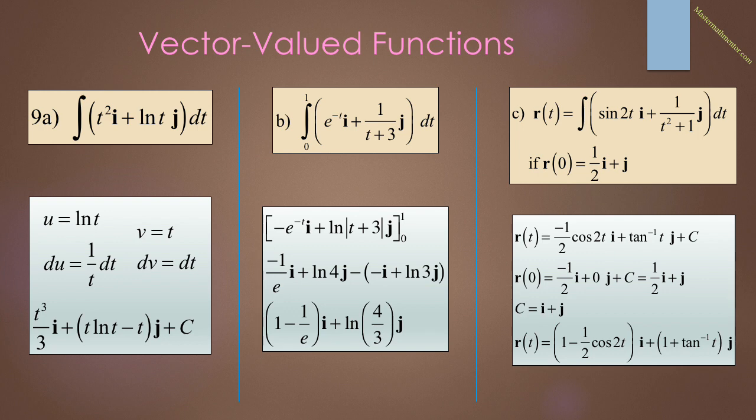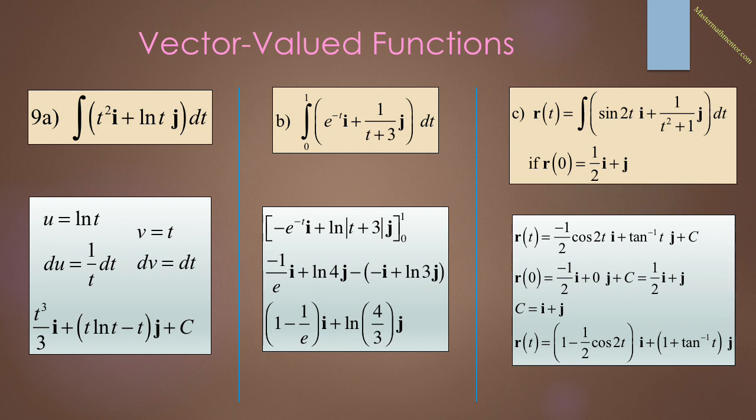Plugging in 0, we get negative 1/2 i plus 0 j plus c, which we know is equal to 1/2 i plus j. And that makes c equal to i plus j.